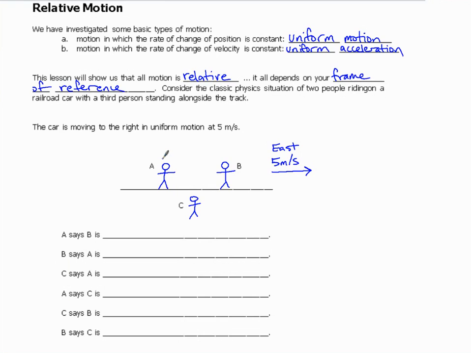So person A looks at person B. Here's what they say. A says that B is stationary. Person B looks back at person A. B says that A is stationary.